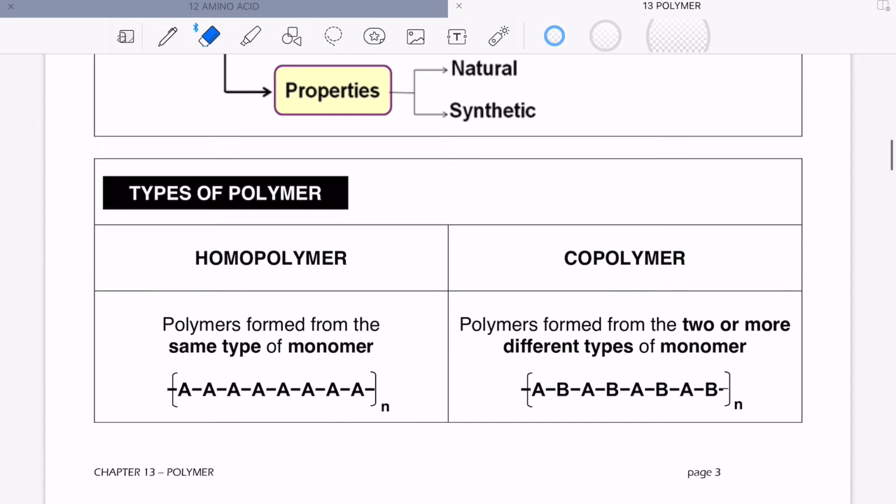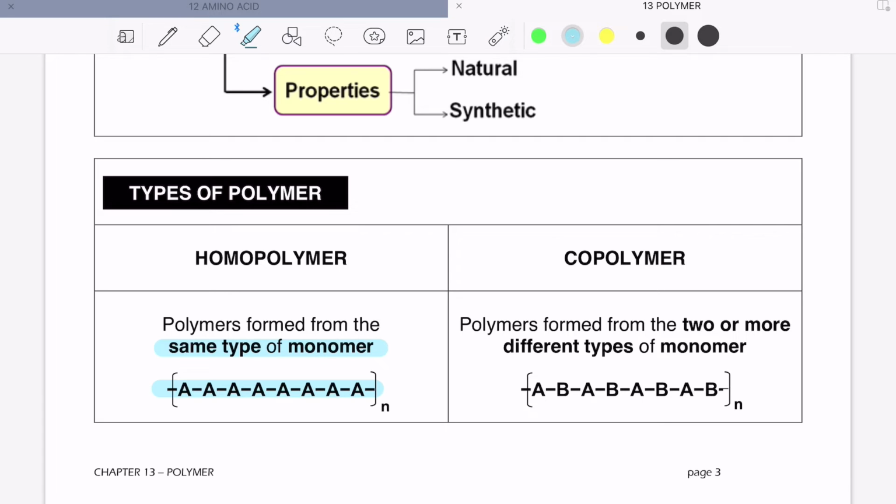Now, homopolymer and copolymer. Homopolymer means a polymer formed from the same type of monomer. For example, we have a monomer A. So you can see that the repeating unit will be A. Okay, so this is homopolymer. It only comes from the one monomer.